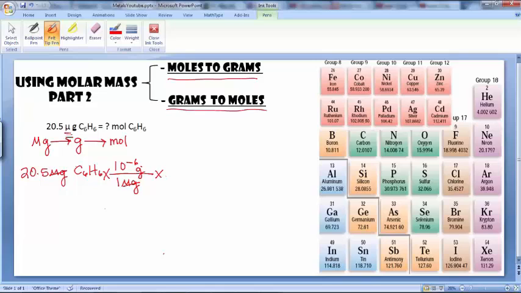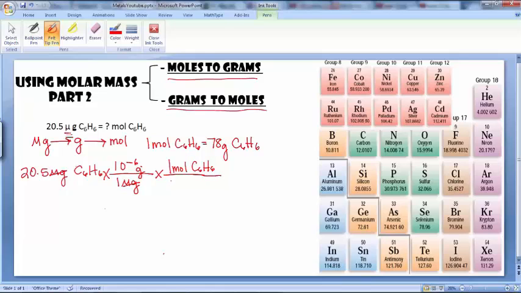Now we want to go from grams to moles using the molar mass. And we just found out that the molar mass, 1 mole of C6H6 was equal to 78 grams of C6H6. Okay? So, what do we want? We want moles. Moles goes in the numerator. 1 mole of C6H6.